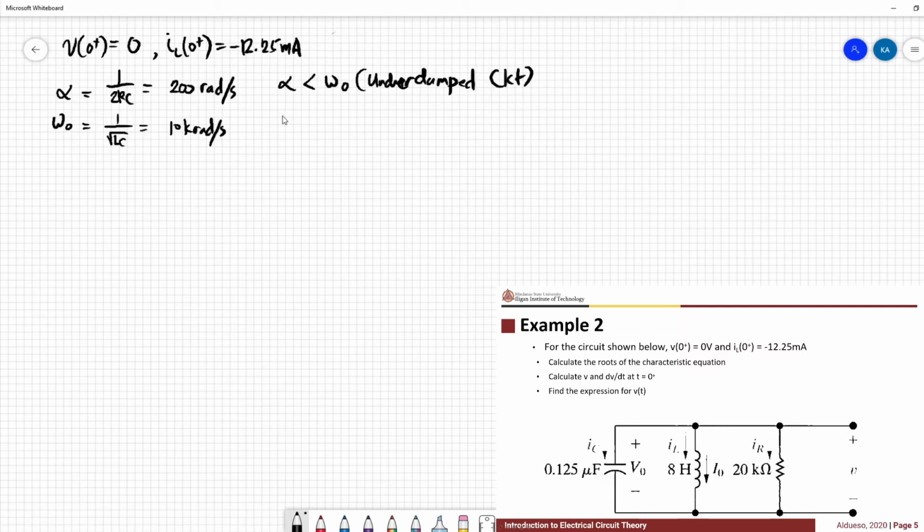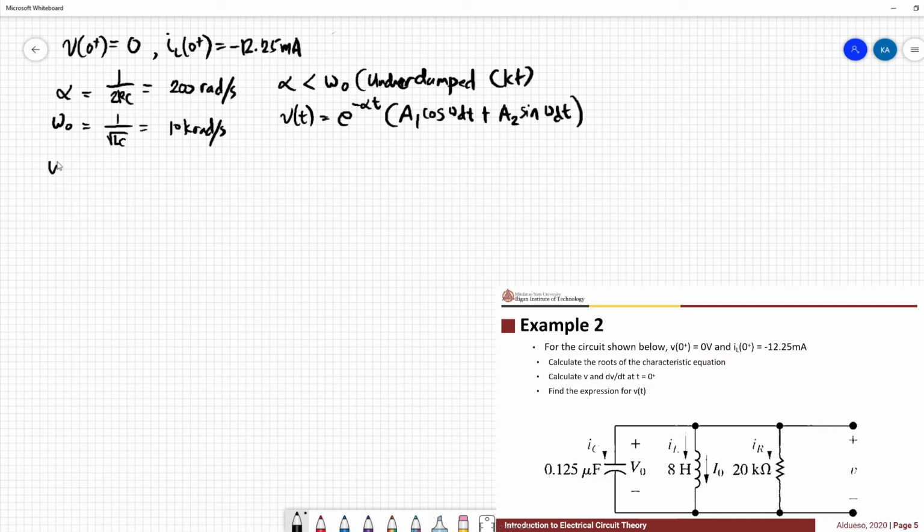Which means that the expression for V of t is equal to e to the negative alpha t times a1 cosine of wd t plus a2 sine of wd t.